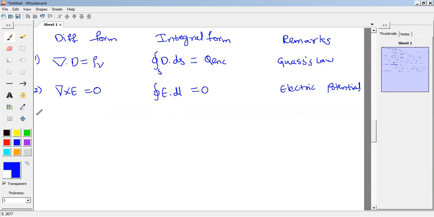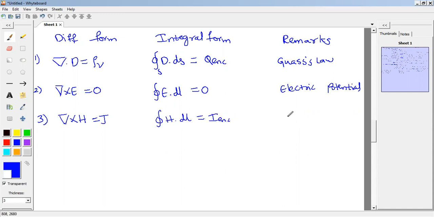Next, the third one is del cross H equal to J. This we can write in integral form as the closed integral of H dot dl equal to I enclosed by the path.